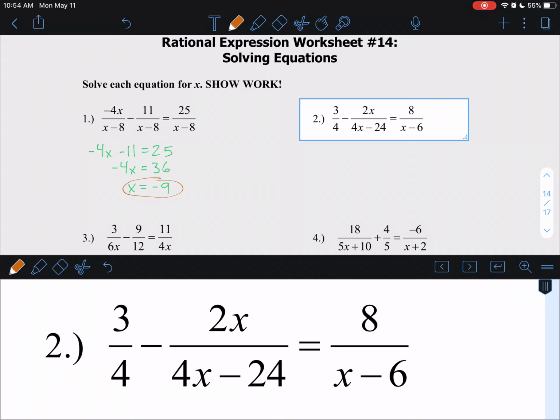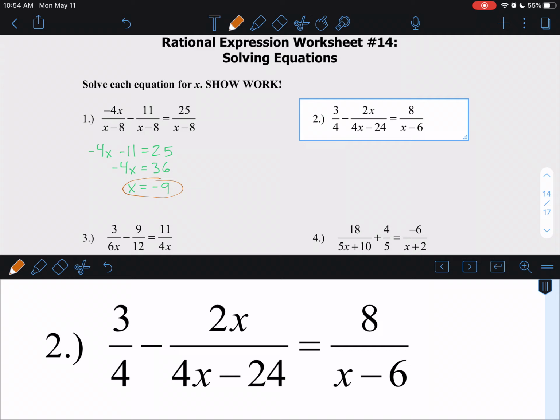And when we were adding or subtracting these fractions, there were only 2 that we were working with, but now there are 3. But fortunately, it looks like all 3 of them could be turned into that 4x minus 24 denominator.